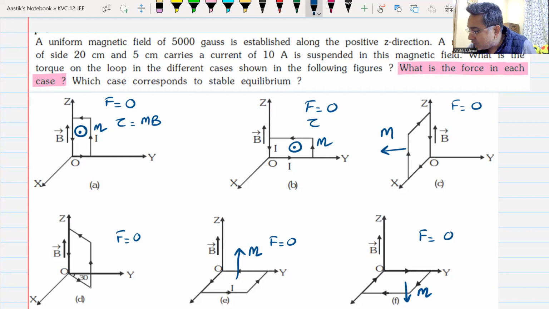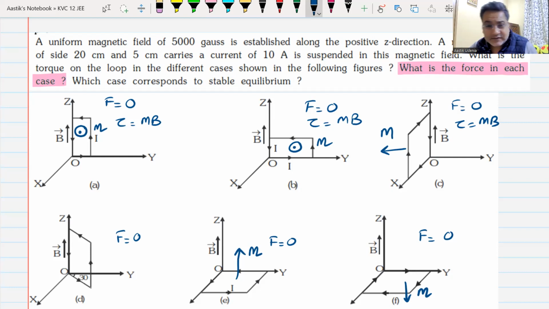In the second case also, the angle between M and B is 90, so torque is M into B. In the third case also, the angle between M and B is 90. The torque is M into B into sine 90, M into B. Yes, sir.